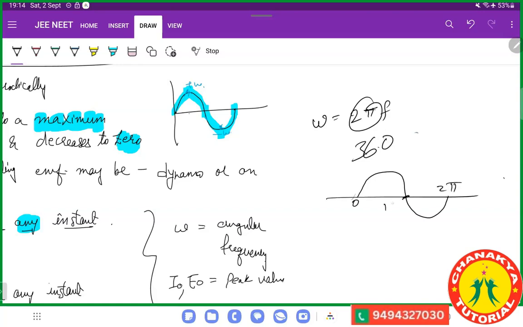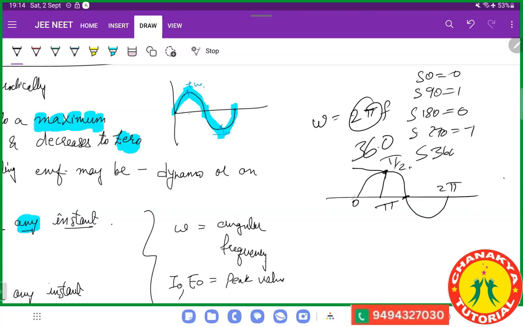This is 180, pi. This is pi by 2, which is 90 degrees. Sine 0 is 0. Sine 90 is 1. Sine 180 again 0. What is the next? Sine 270 is -1.